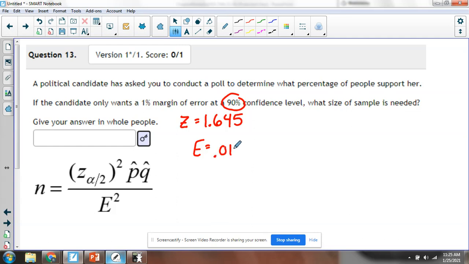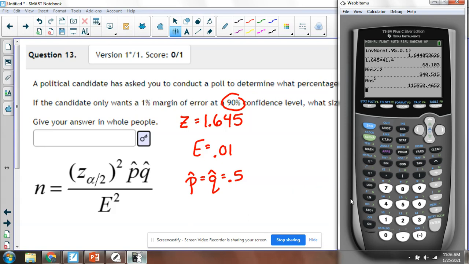And then since we don't know P and Q, we always assume P and Q are going to be 50%, unless they give it to us, which they did not. So now I'm going to take my Z value, 1.645, raised to the power of 2, times P times Q, times 0.5 times 0.5.